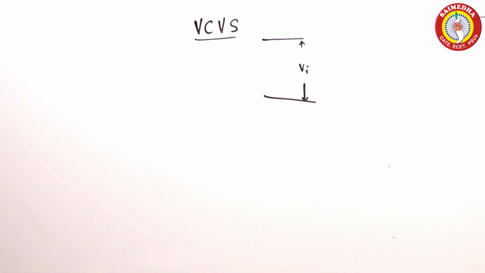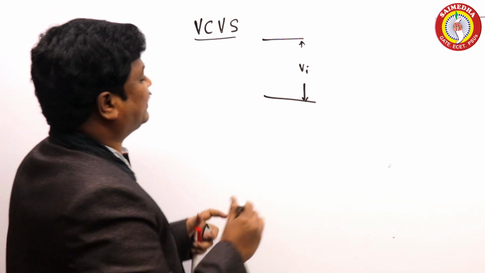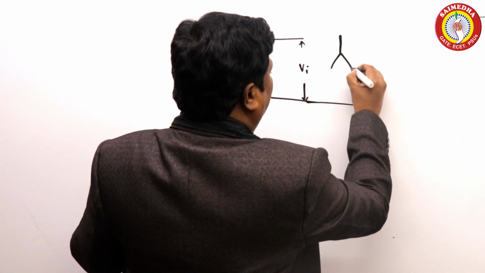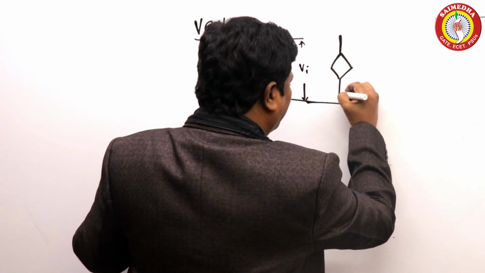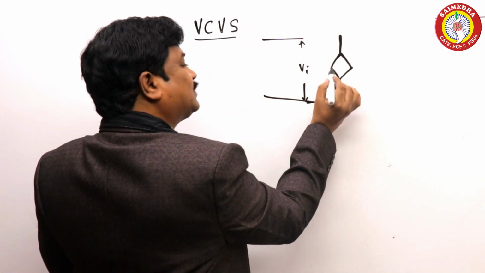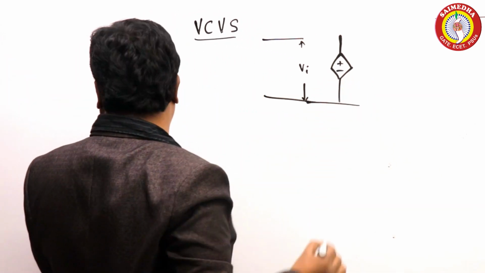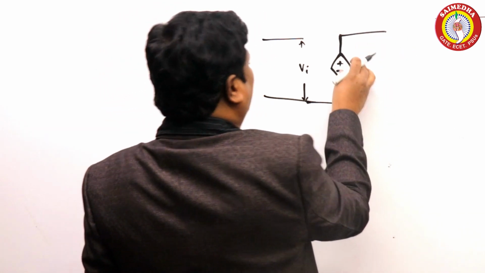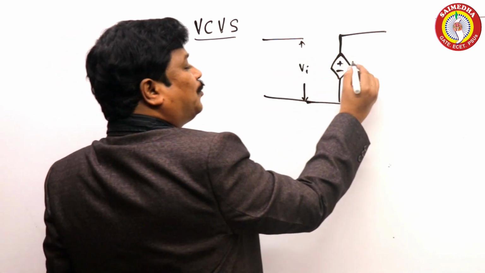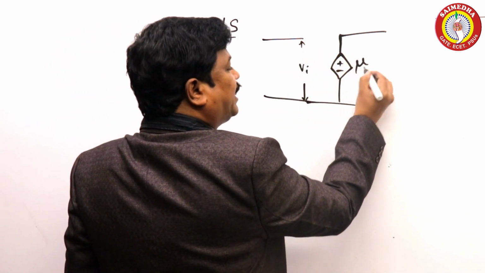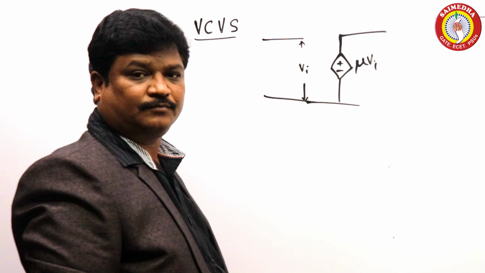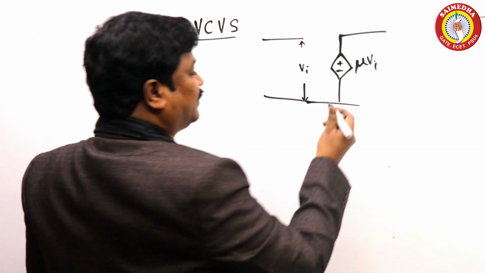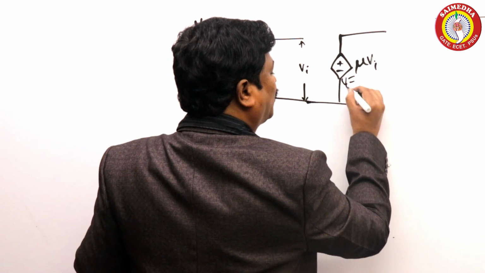So coming to the voltage source, a dependent source can be represented by this symbol, and for a voltage source we have to denote the polarity, minus and plus. This voltage depends upon the input voltage. The output voltage can be written as mu into Vi. So this is the output voltage V0.